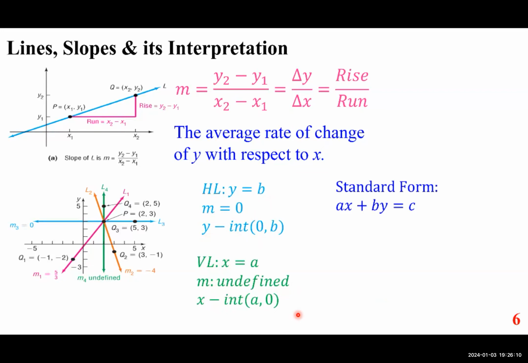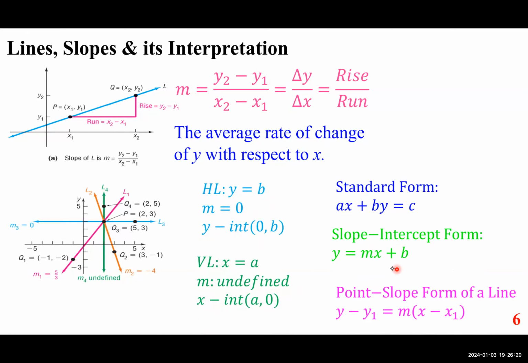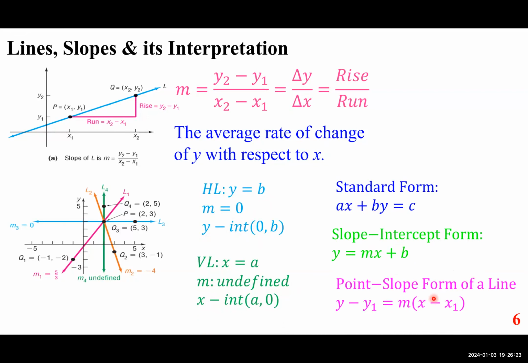When you want to write the form of a line, standard form: ax plus by equals c. Slope-intercept form: y equals mx plus b. Point-slope form of a line: y minus y1 equals m times x minus x1. I hope everybody remembers those. We really need them.